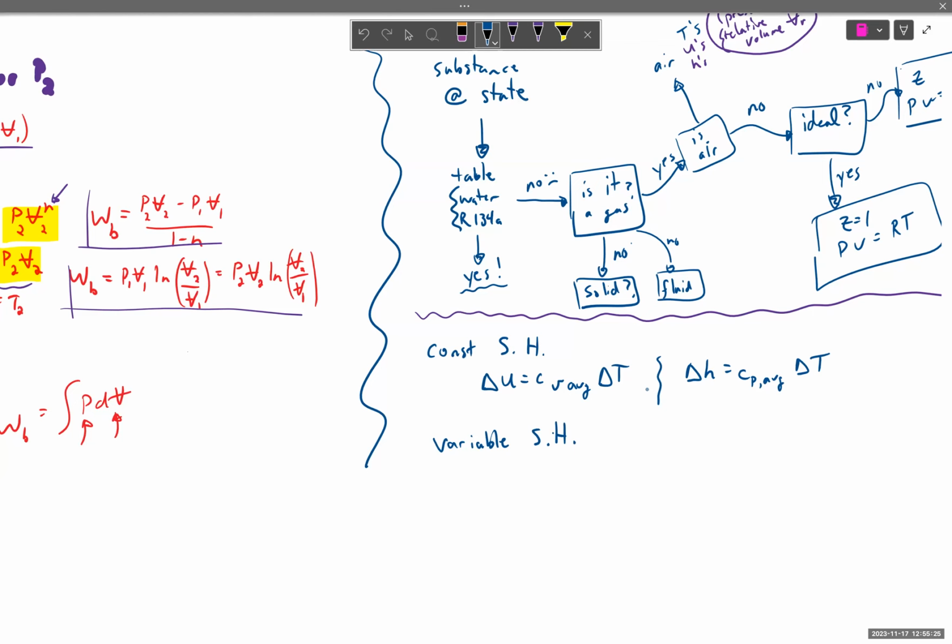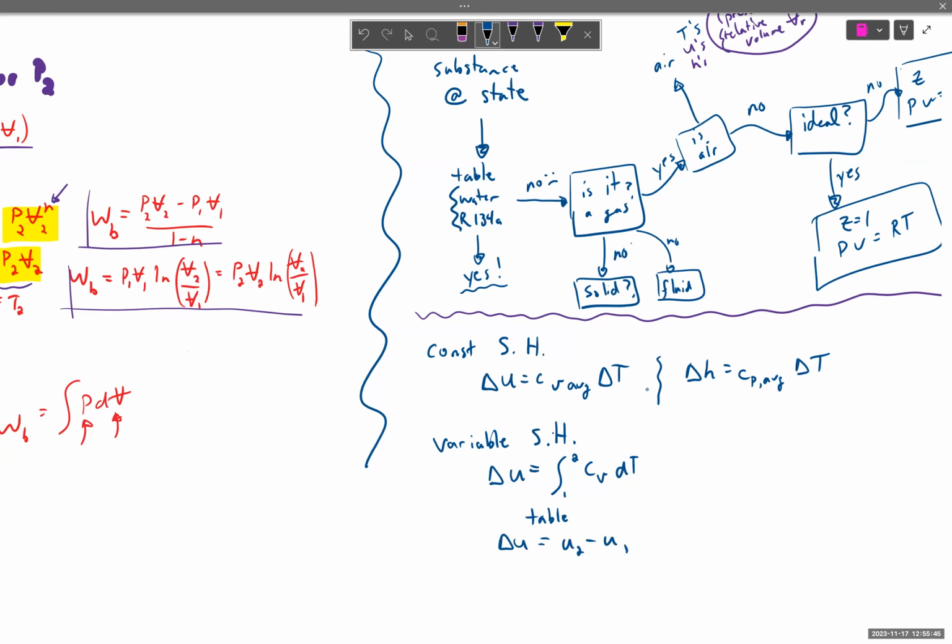When we were talking about variable, what that really meant is we were integrating between our two states. What we often did is we used a table. We said U2 minus U1.